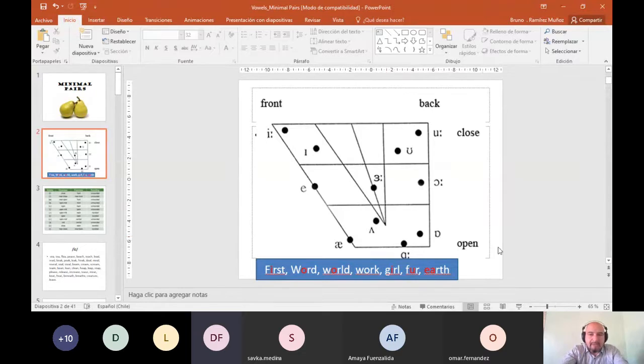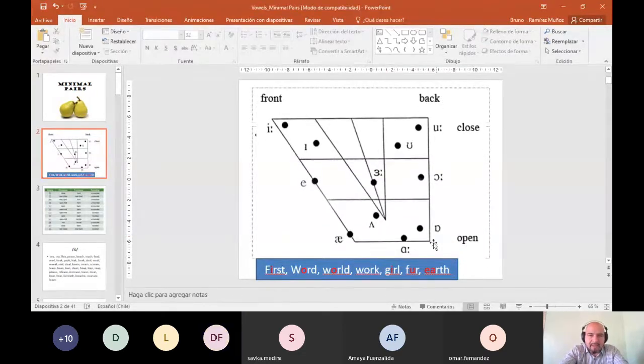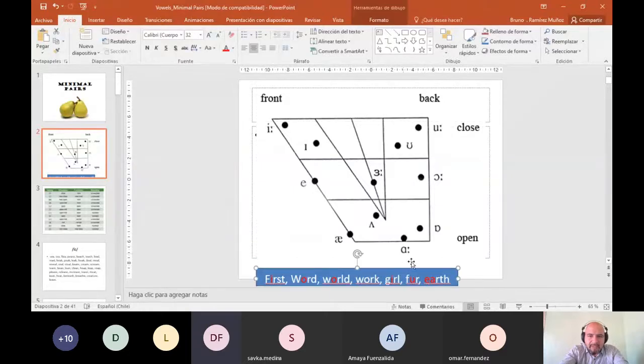Okay. And another problem with this one, /ɑ/. In Spanish, we have five vowels, a, e, i, o, u, right? The first one is not the same as this one. This one is /ɑ/, that's when you say car.